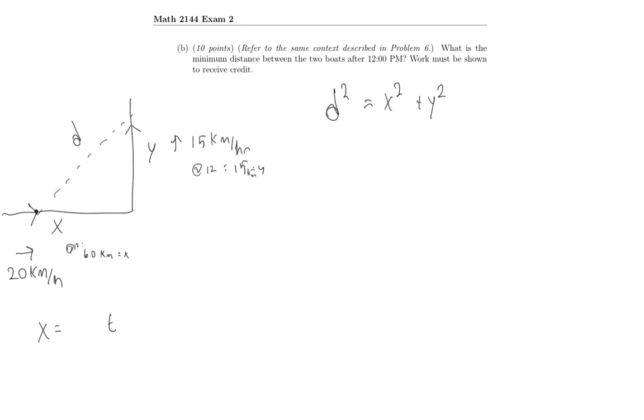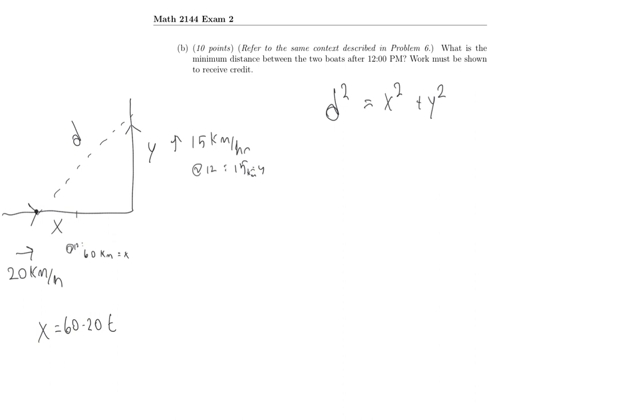x starts at 60 kilometers away. Every 1 hour, and we're going to say t is in hours, that's going to become 20 kilometers closer. So the distance is going to start at 60, and every time t goes up by 1, we're going to get 20 kilometers closer. So x is going to be 60 minus 20t.